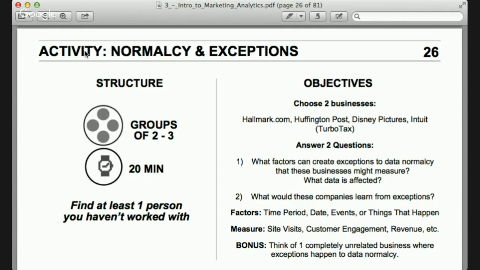Well, with Disney's business context, then... Two more minutes. Two more minutes.